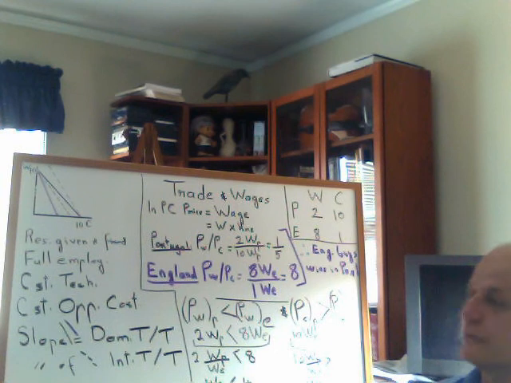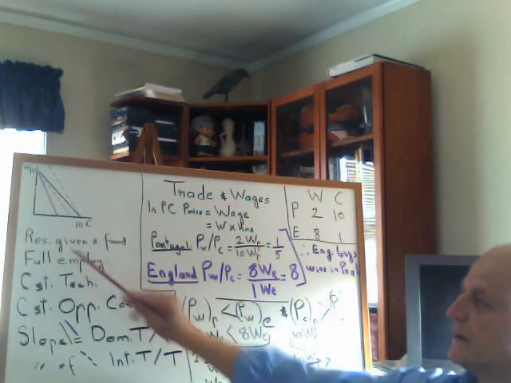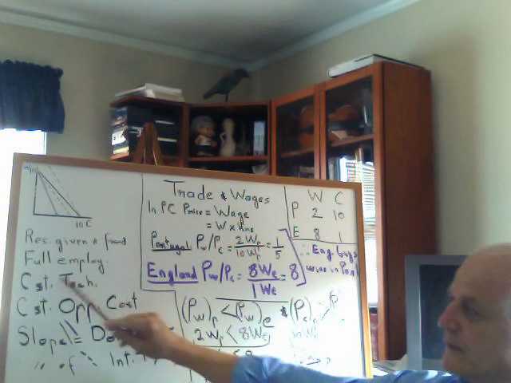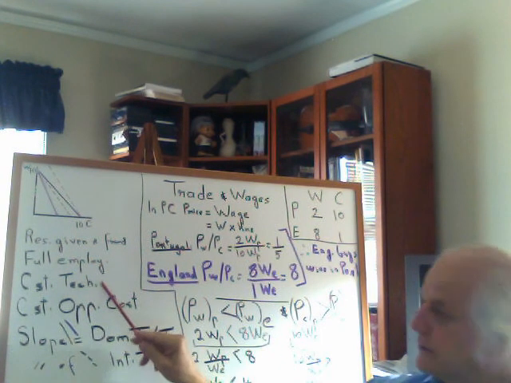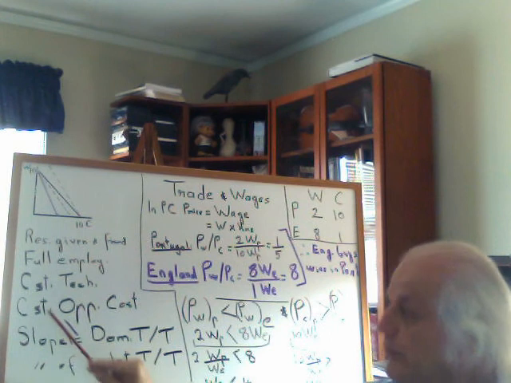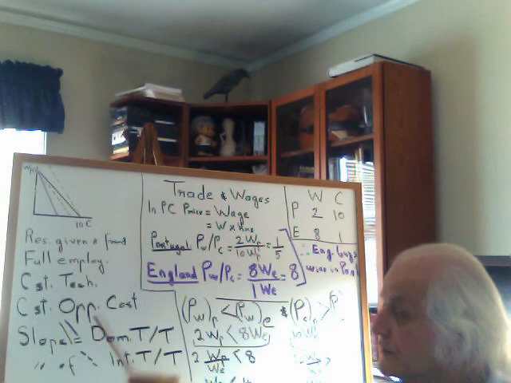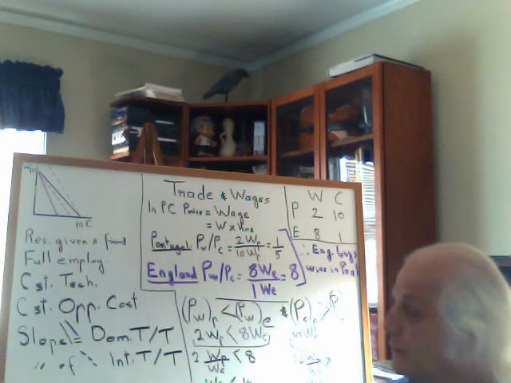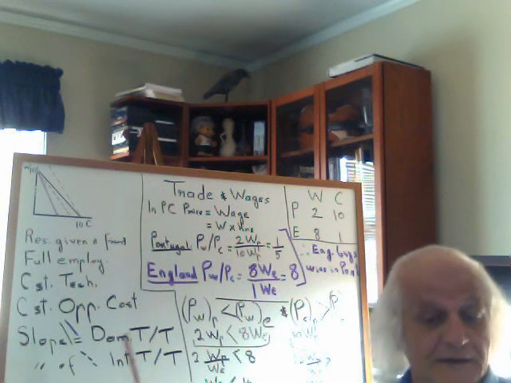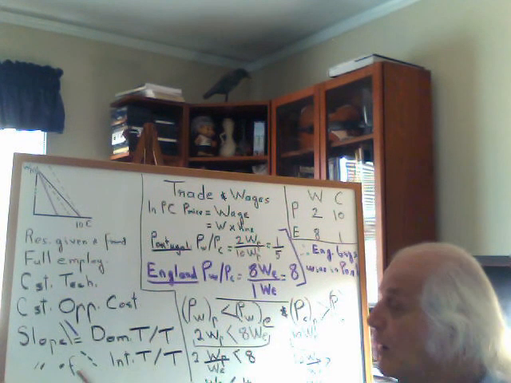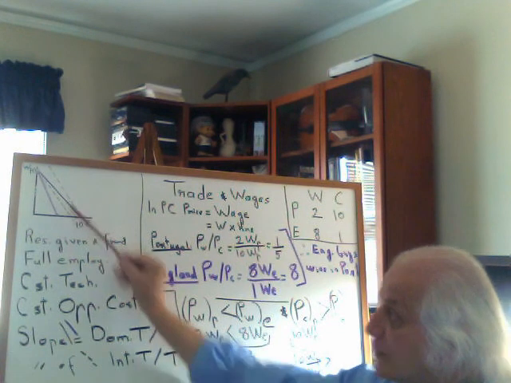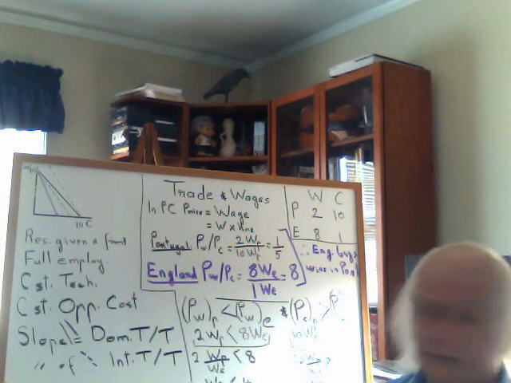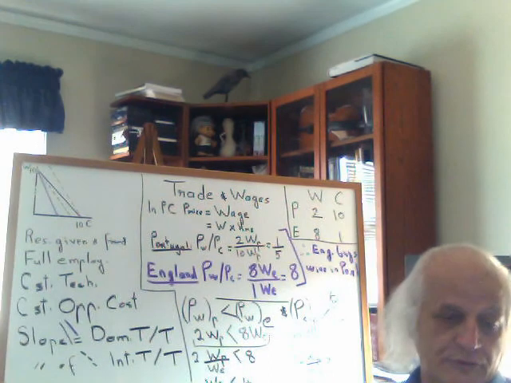So the important thing, therefore, to note is that given the resources that are fixed, given full employment, given that we know the state-of-the-art technology, and we have also constant opportunity cost, therefore the slope of each production possibility curve is nothing else but the domestic terms of trade, while the slope of this dotted line, the one that is in between the domestic terms of trade, will be the international terms of trade.